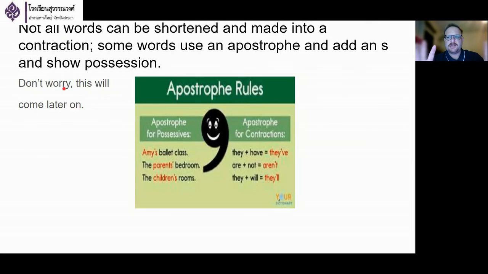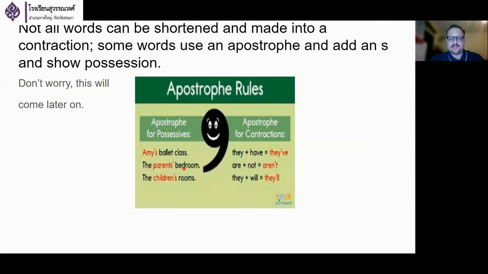That is not this lesson. I just want to point out that sometimes you will see an apostrophe on a word like this right here, Amy's ballet class. That does not mean Amy is ballet class. That just shows possession. It's her class that she goes to, Amy's.